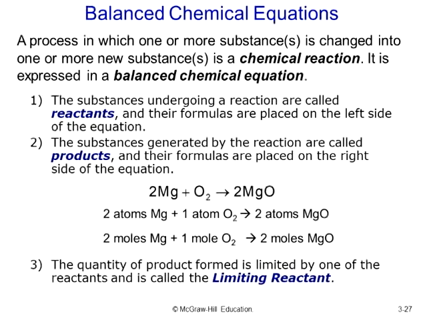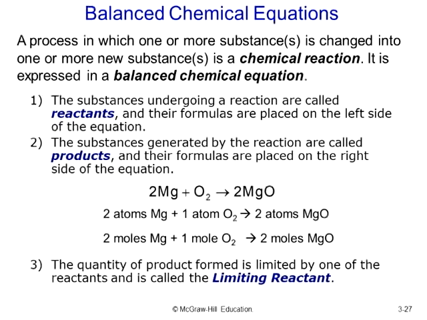So let's recap what we learned in this lecture. We know that a balanced equation is essential to carrying out any chemical reaction process. That balanced equation contains reactants on the left side of the equation and products on the right side of the equation.